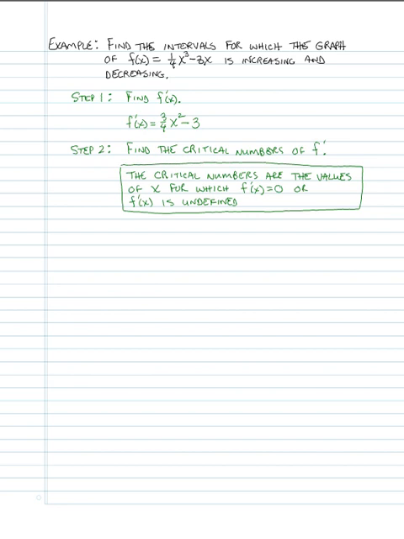And again, the significance of this is the graph can only change directions at critical numbers.